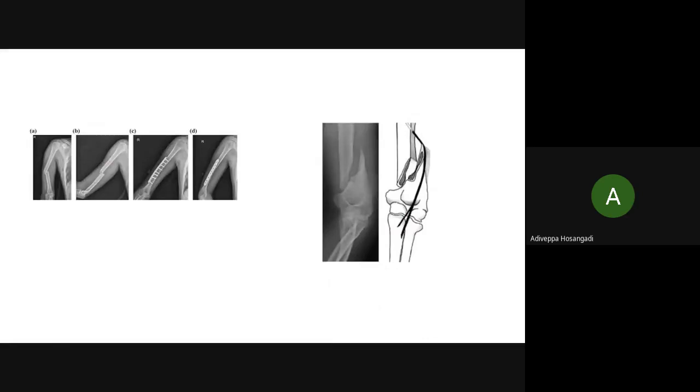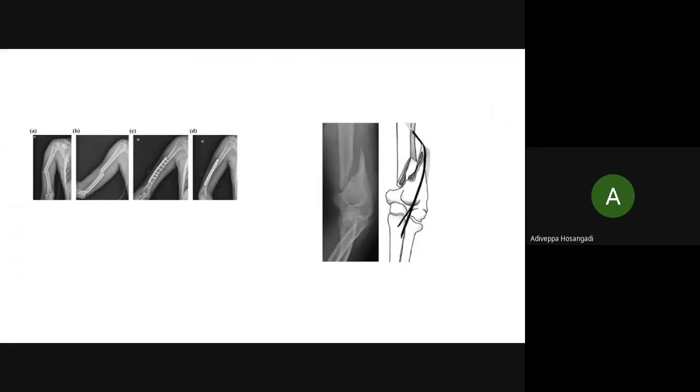Then we will go to diaphyseal humerus fracture. There is nothing much to ask, or not many questions are asked. Generally, the question asked is that humerus fracture is associated with one particular neurovascular injury.